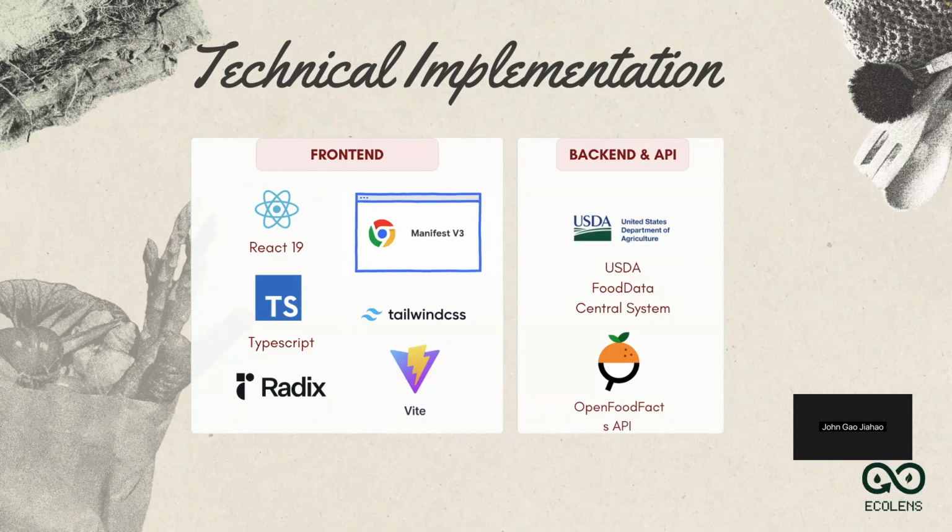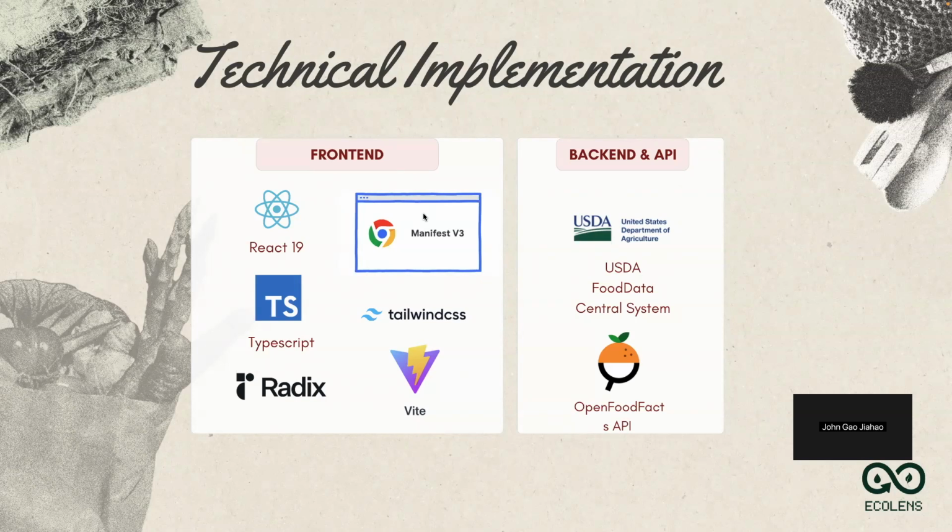I will briefly go through the tech stack that has been implemented. We ran a React plus Vite front end that is running on the Chrome Manifest v3 protocol, so that it will register as an extension in the browser. The UI components are from Radix UI, and the whole front end is coded in TypeScript.